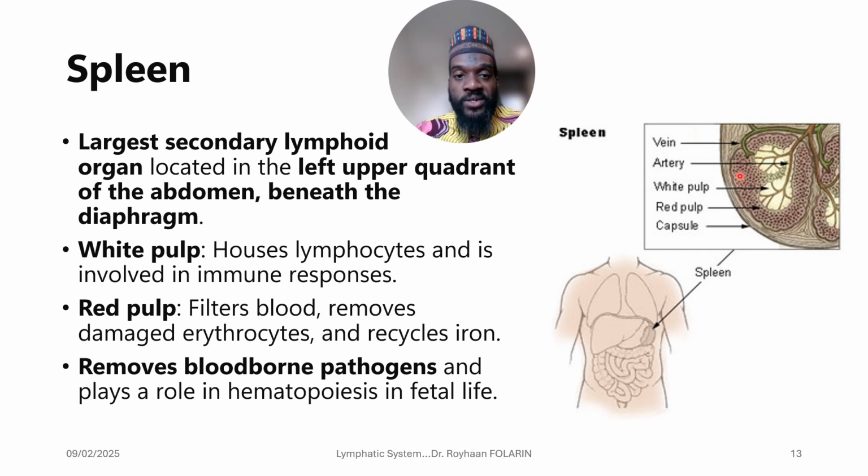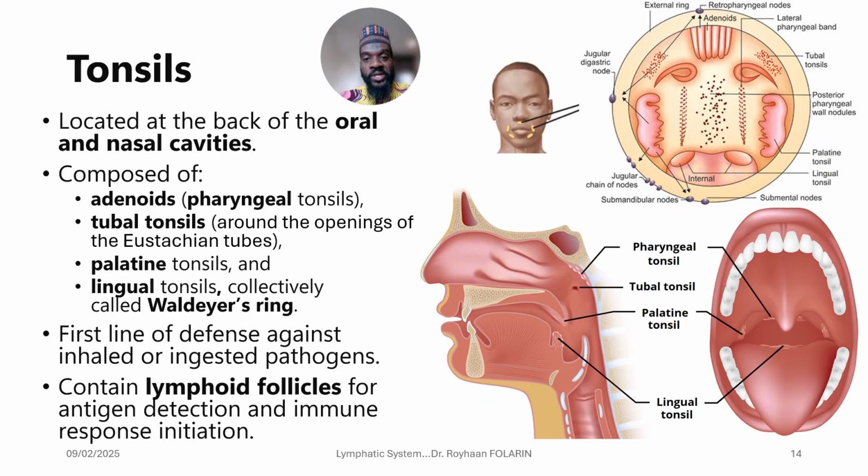And the spleen also plays a crucial role in removing antibody-coated bacteria and foreign particles, making it very essential for fighting infections altogether. And to add to that, during fetal life, the spleen even contributes to the formation of blood cells. That's what we call hematopoiesis. So the spleen as a secondary lymphoid organ is also very crucial.